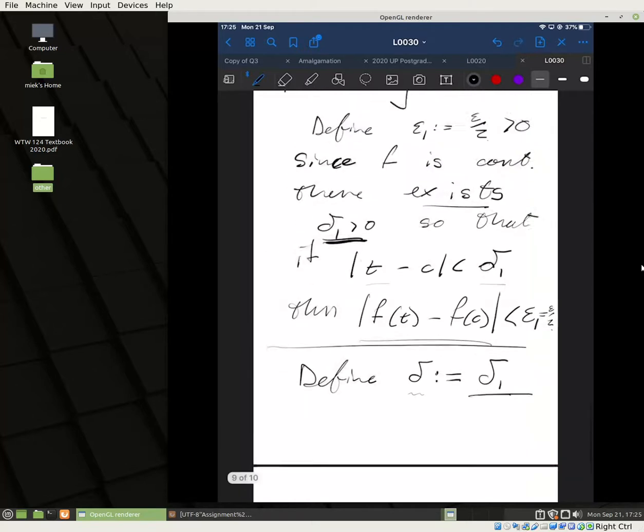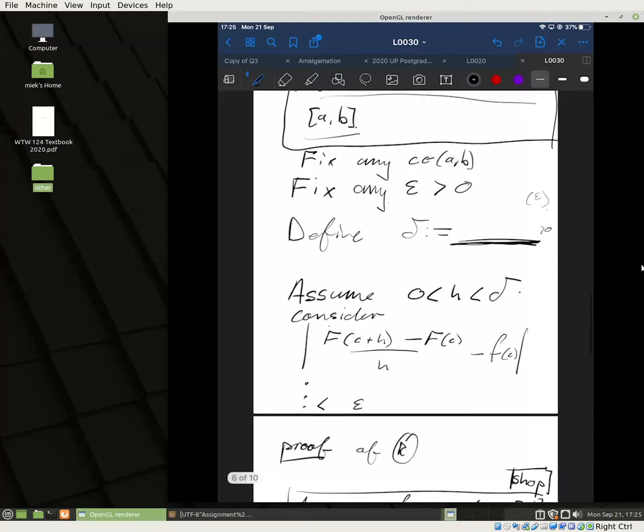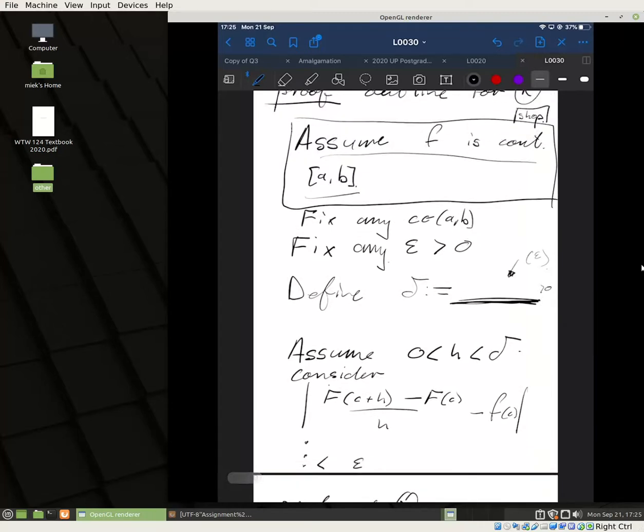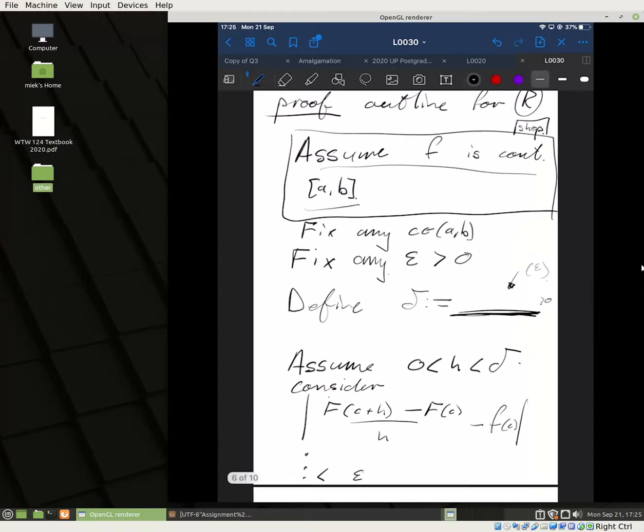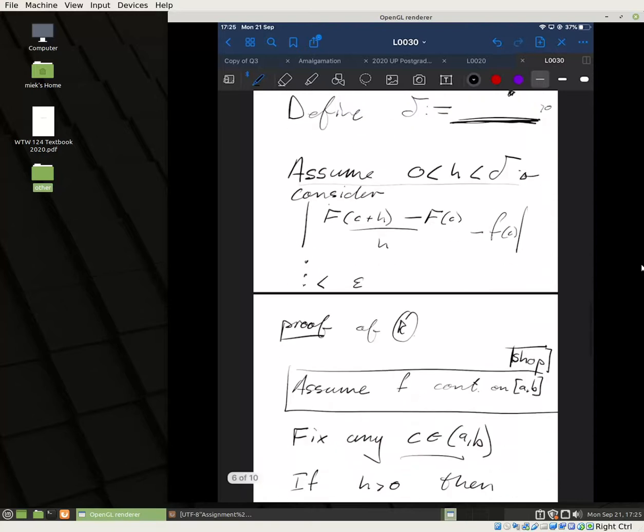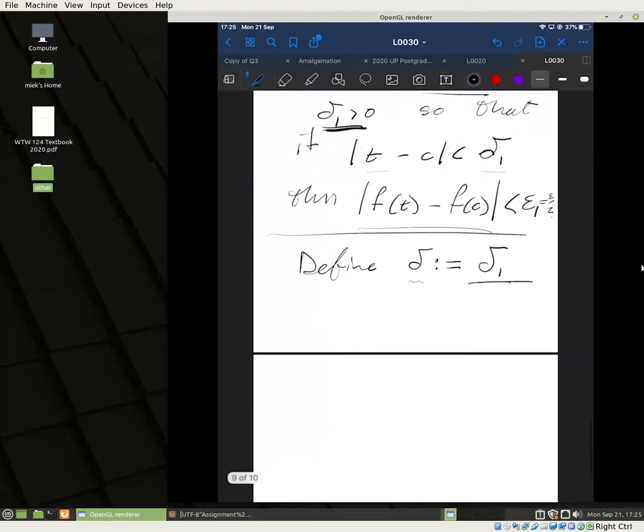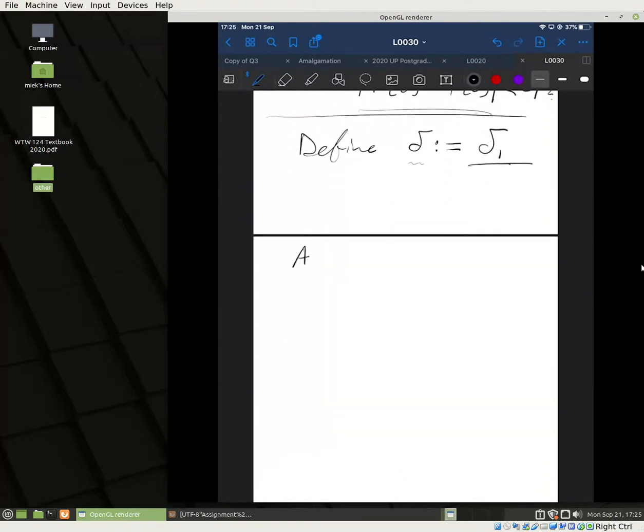So here we see us filling in this part from our proof outline. And now our proof outline already tells us what we have to do next. We have to assume that h is bigger than 0 but less than delta, and delta we have defined to be delta 1.